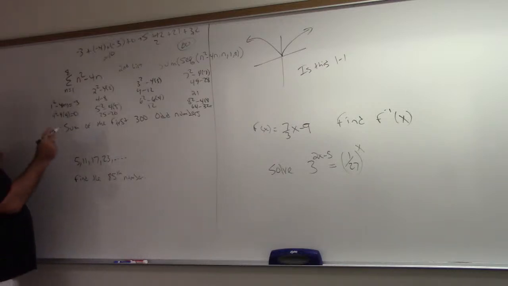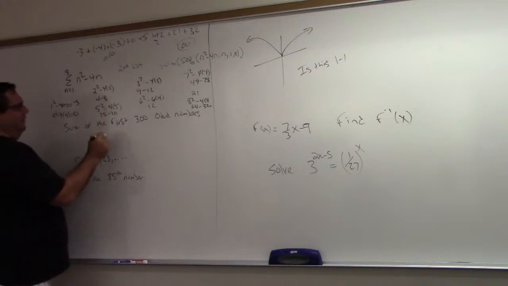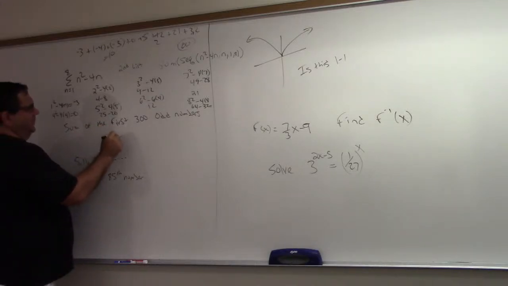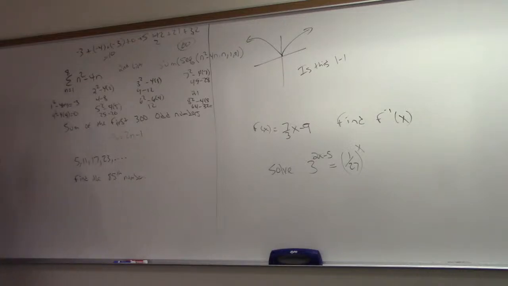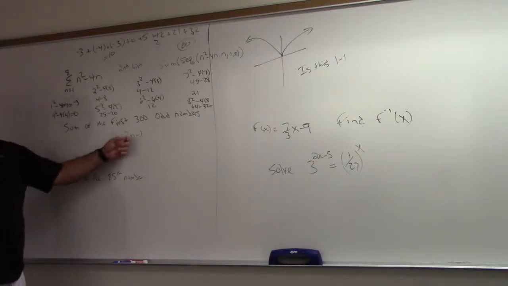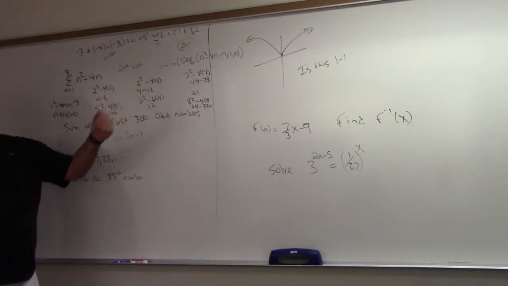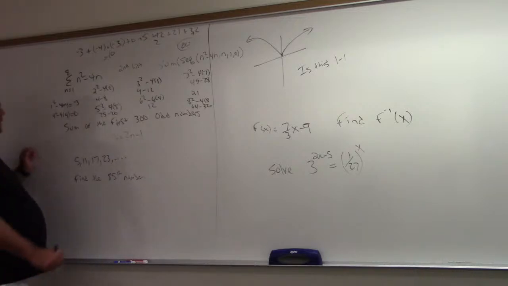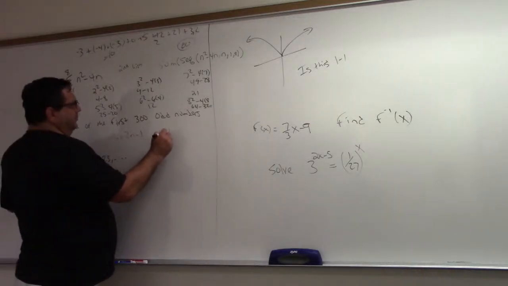Alright, so now, first 300 odd numbers. Odd numbers are 2n minus 1. When n is 1, you get 1. When n is 2, you get 3, 5, so forth and so on. So the first odd number is 1.